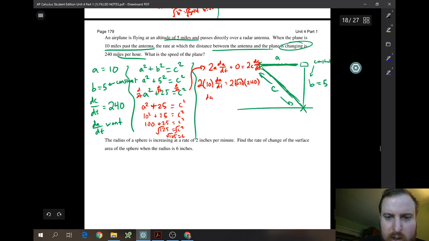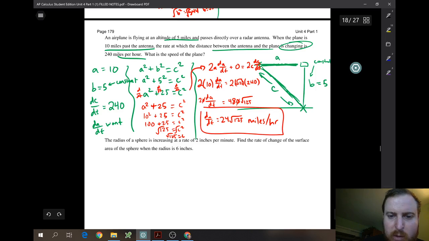So it's going to give us 20 dA dt equals 480 square root 125. Divide by 20, and we get dA dt equals, the zeros cancel out, 24 square root of 125, and we need units here. So our units are going to be miles per hour, right? The distances were in miles, the times were in hours.